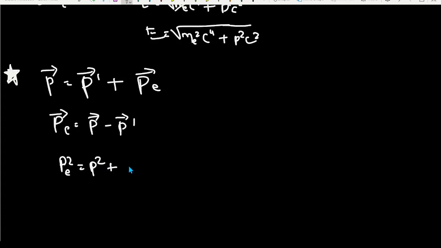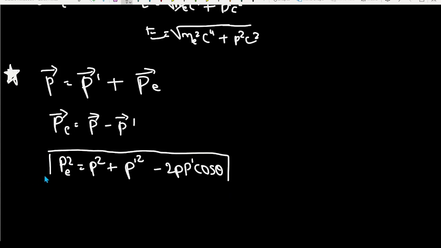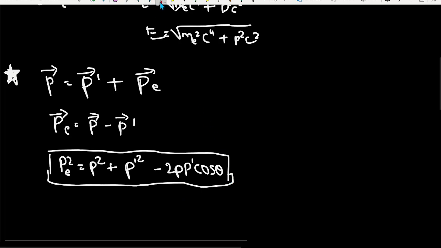So here is our formula for the magnitude square of the electron momentum. This formula is going to be very useful when we do the conservation of energy to sort out a particular formula.